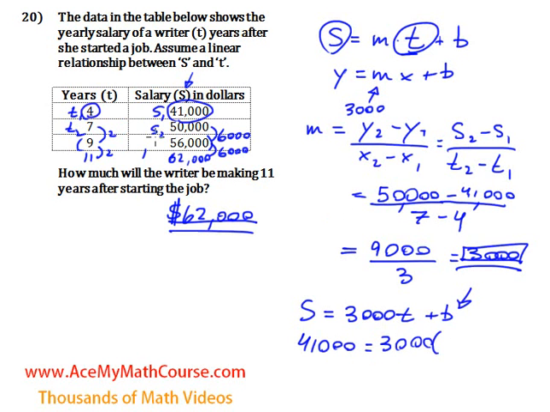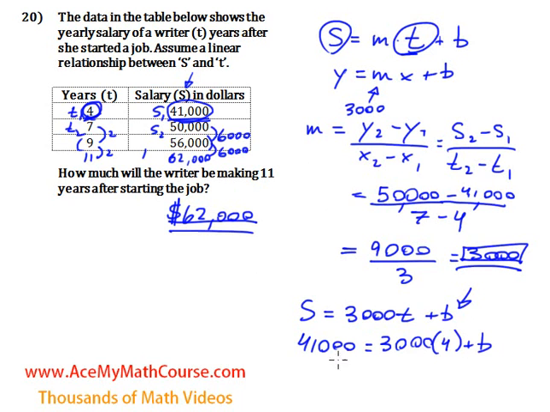Because, of course, after 4 years she's making that much money, and since this piece of information should fall into the equation of the line, we can just plug these numbers in.